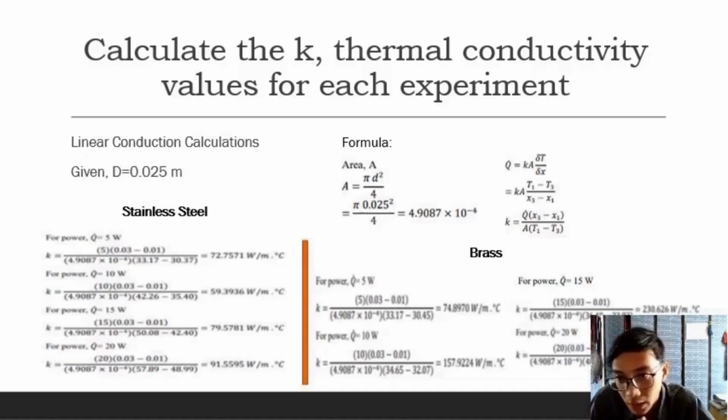And then we got the answer for brass at 5 watt: 74.8970. It is the same way, but the difference is in the temperature. The results for stainless steel and brass have been given before.